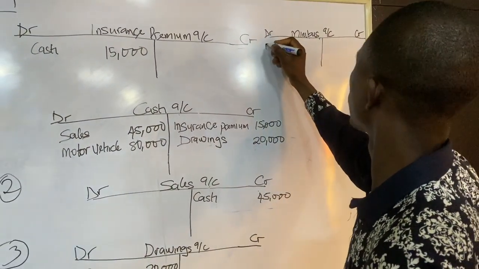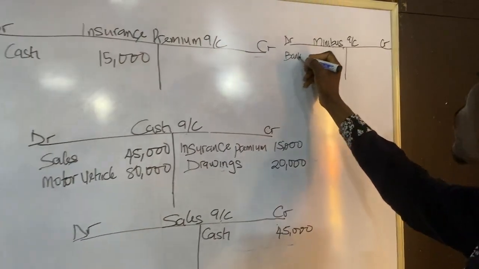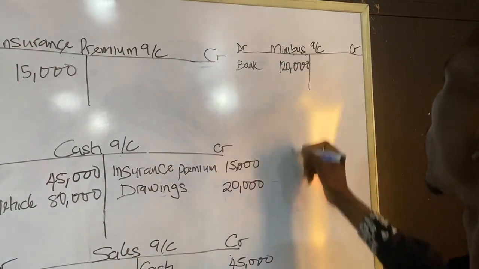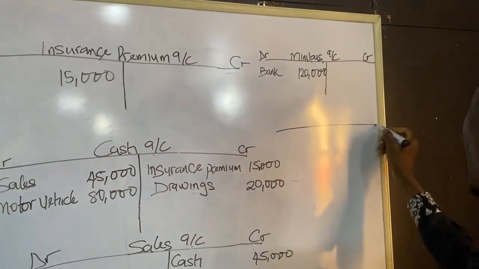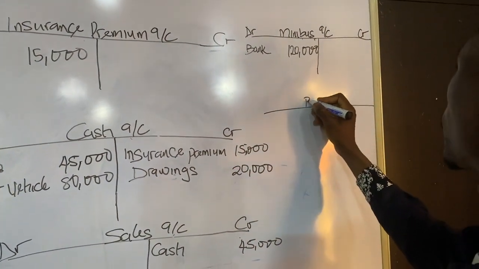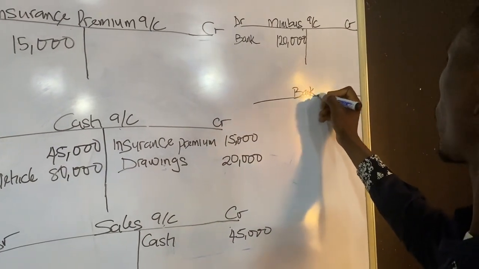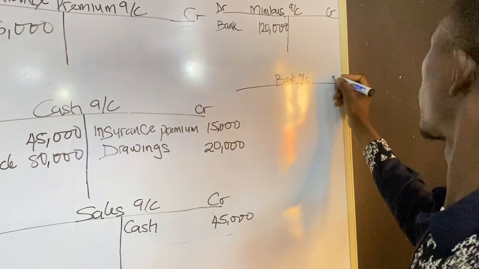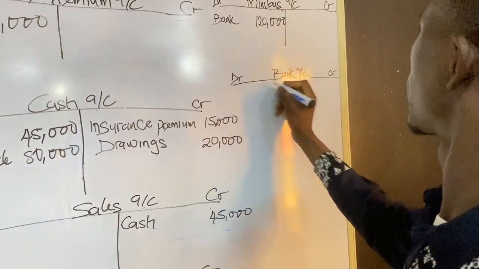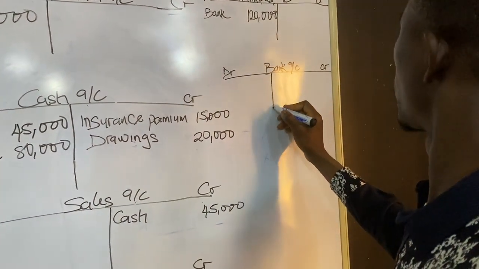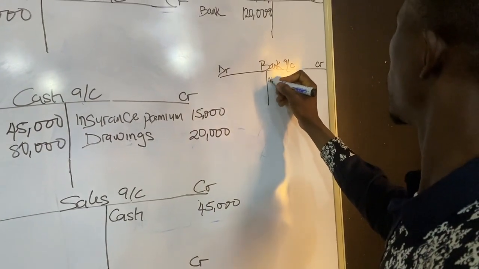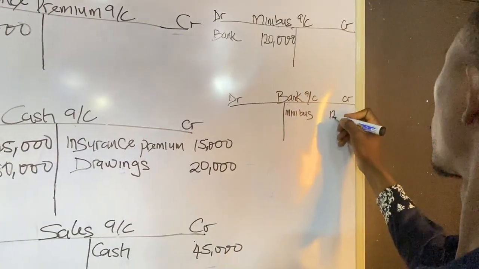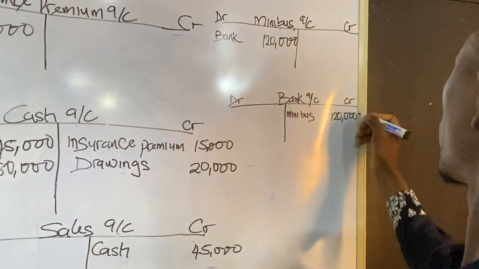So bank, 120,000 naira, and your bank account, which is the corresponding credit entry, we now show minibus, 120,000 naira.